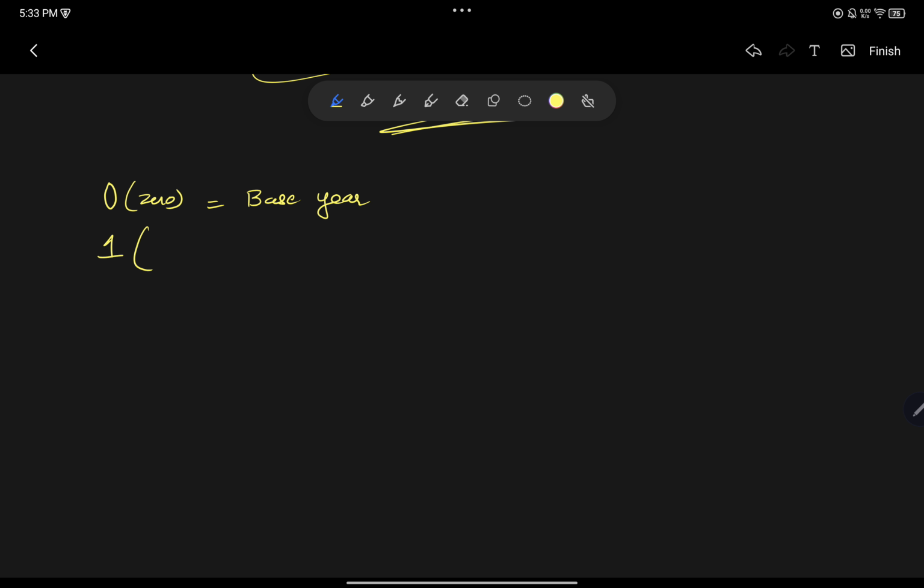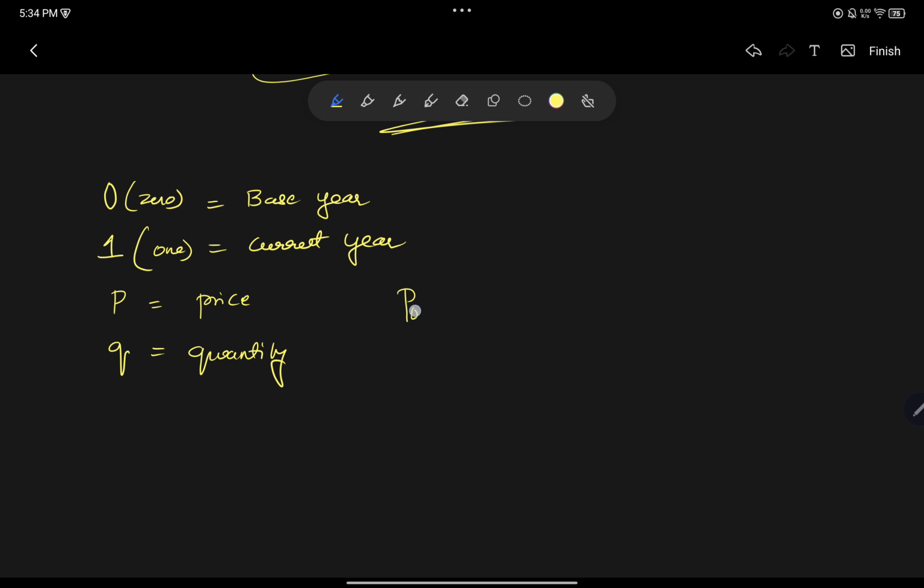One means current year. P means price, Q means quantity.